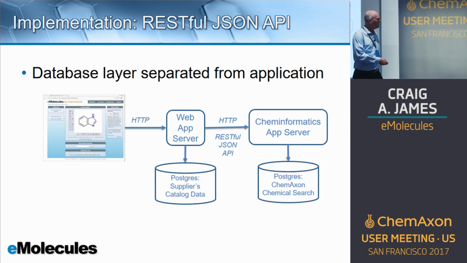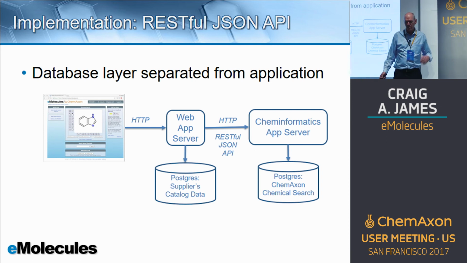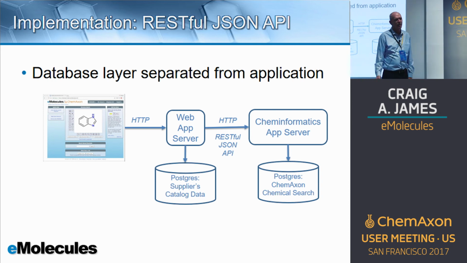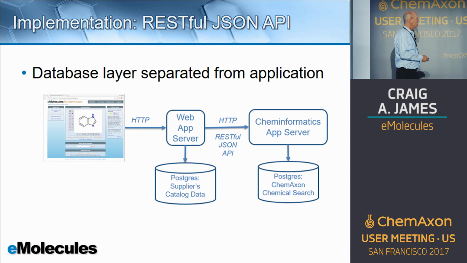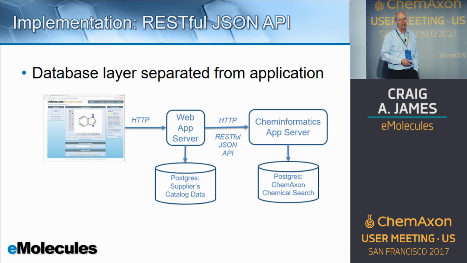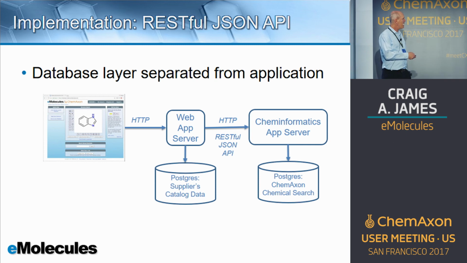And the eMolecules app server we actually own that hardware. It's in a hosted co-location in San Diego. So the beauty of this is that as time goes by, whatever changes take place here on the ChemAxon side, we can immediately take care of them. And it doesn't affect our web application at all because the JSON API insulates us from all that sort of stuff.